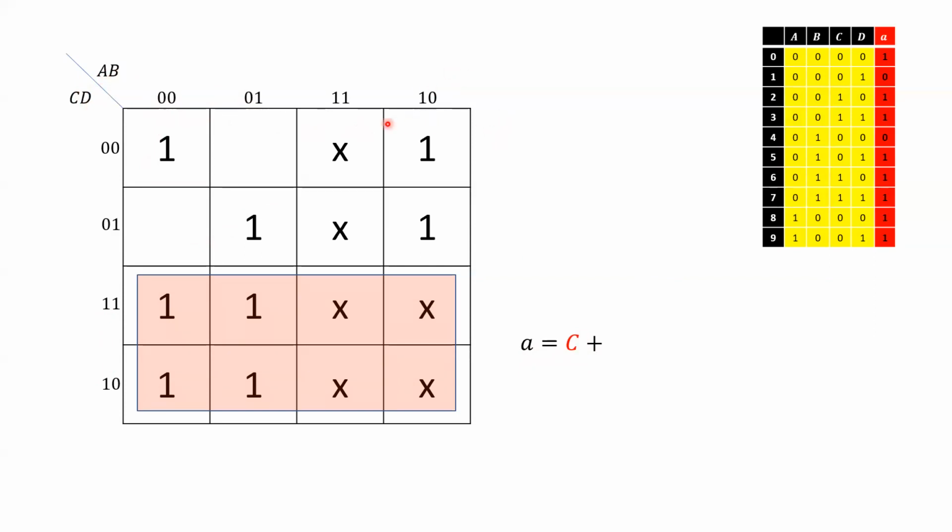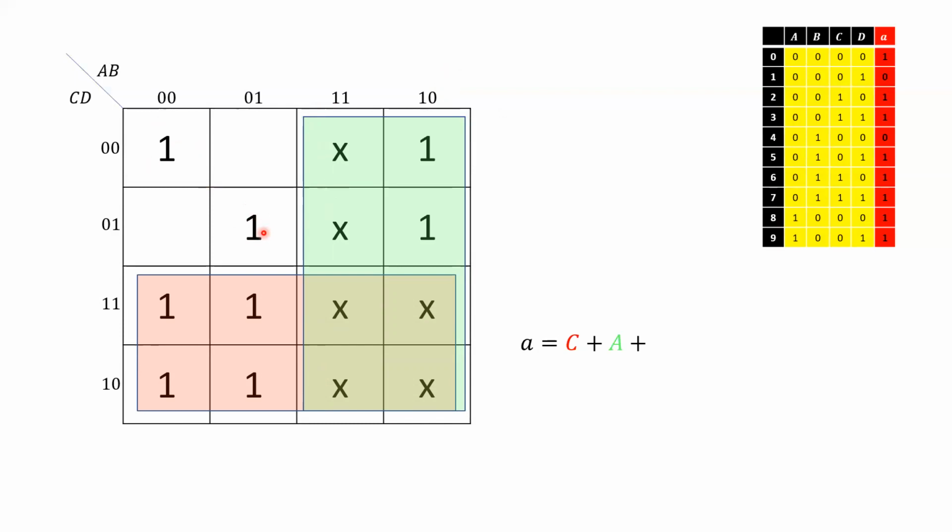I can see another rectangle over here. It's fine if rectangles overlap, that's perfectly okay. So I'm going to draw the rectangle. This rectangle represents the A cells, because A is true for all these cells. We've got 2 1s left, so we need to cover those.